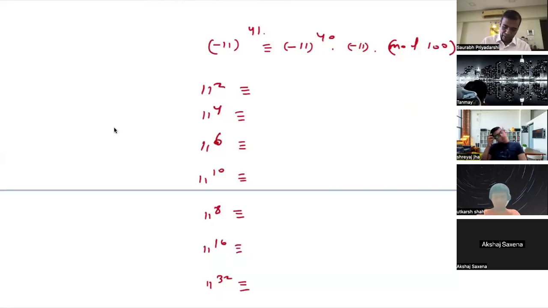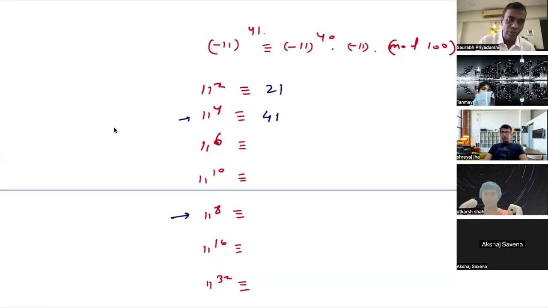So 11 square is ending with 21, right? 11 to the power 4 similarly will be ending with 41. Then 11 to the power 8 directly comes from this. What will 11 to the power 8 be? 41 square.